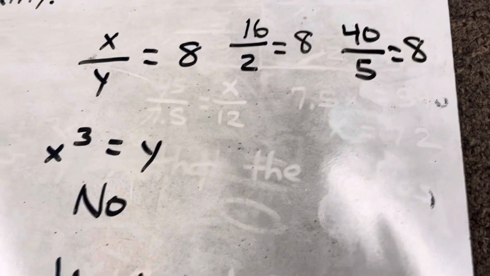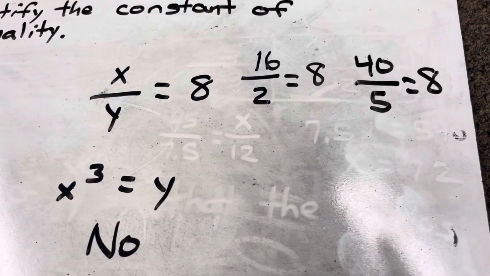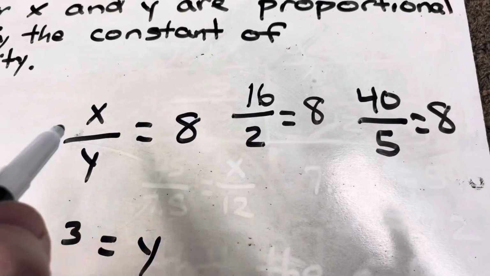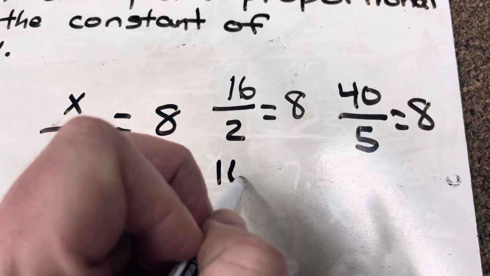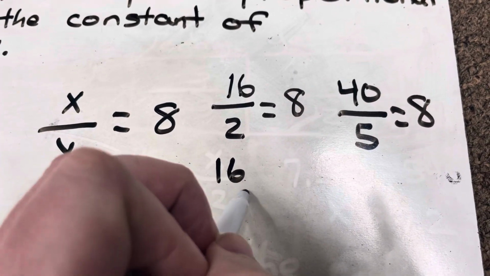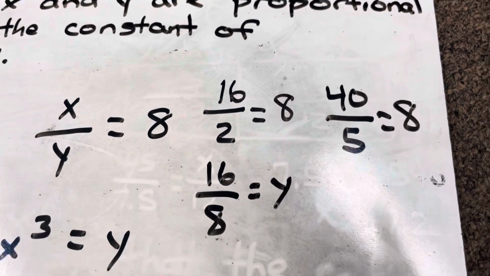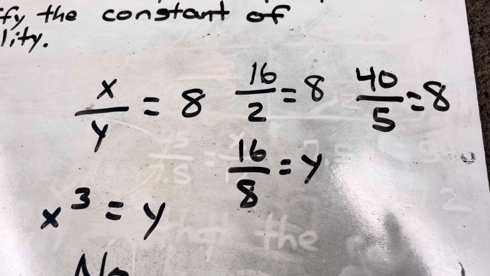But then I can re-look at these and say, if I take x, which is 16, and I divide that by 8, I get y, which in this case would be 2.